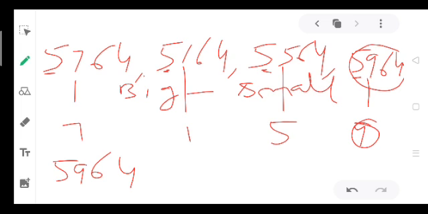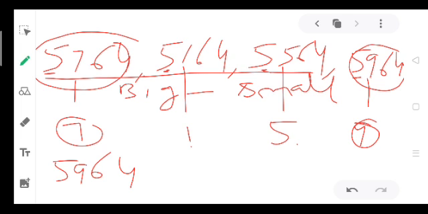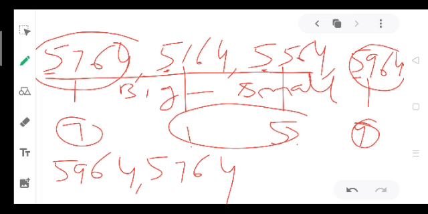Now these three, check whose hundreds are big, because now it is clear that thousands are same. So now 7, 1 and 5. Which hundred is big? 7. So which is the biggest number now? 5764. Now comparison between these two. 100, 500.